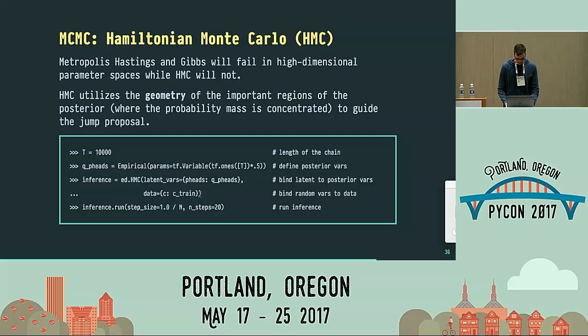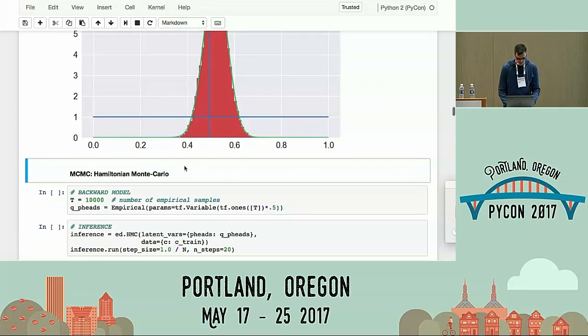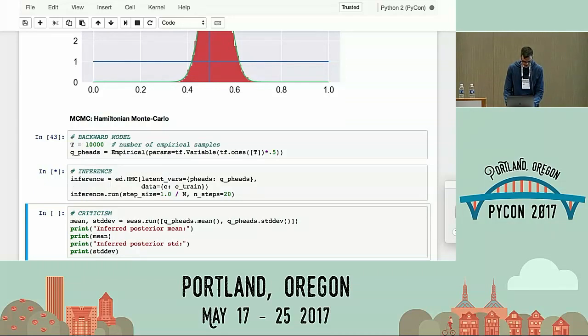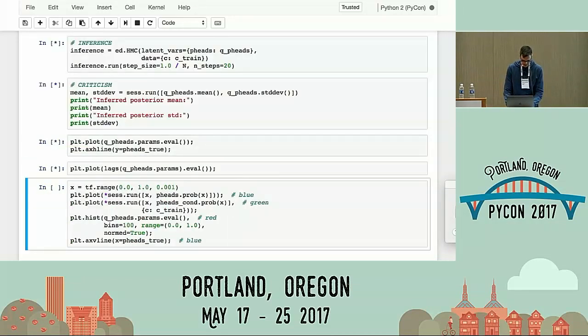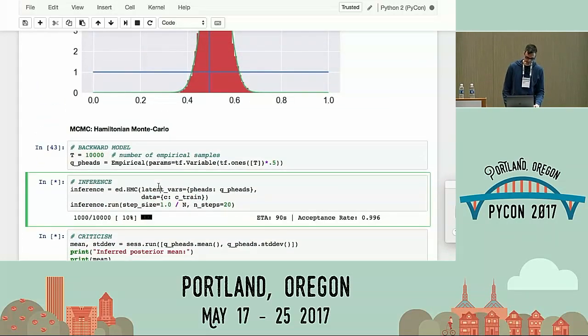Just to make this complete, once more we evaluate the coin flip example with the MCMC method. In this case, it's HMC. When we execute this, it will take a little bit longer. HMC is more powerful, but also a little bit slower. It will take a bit.